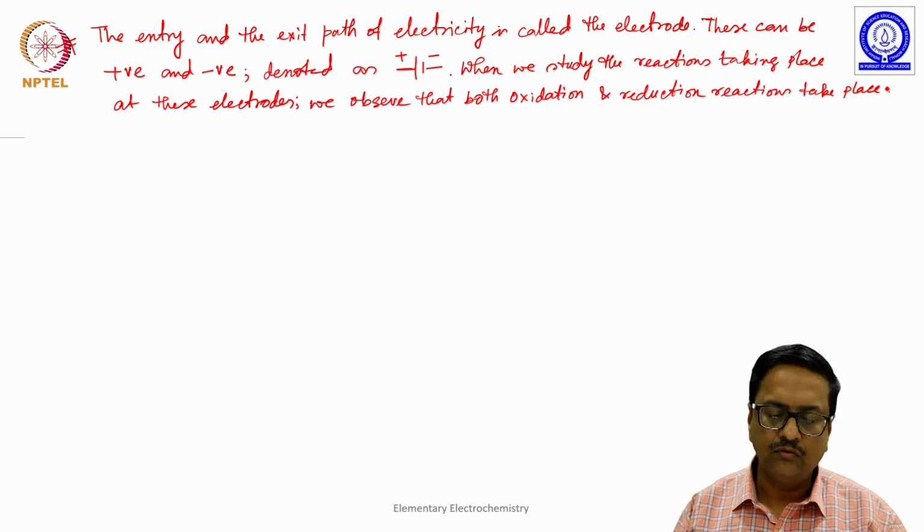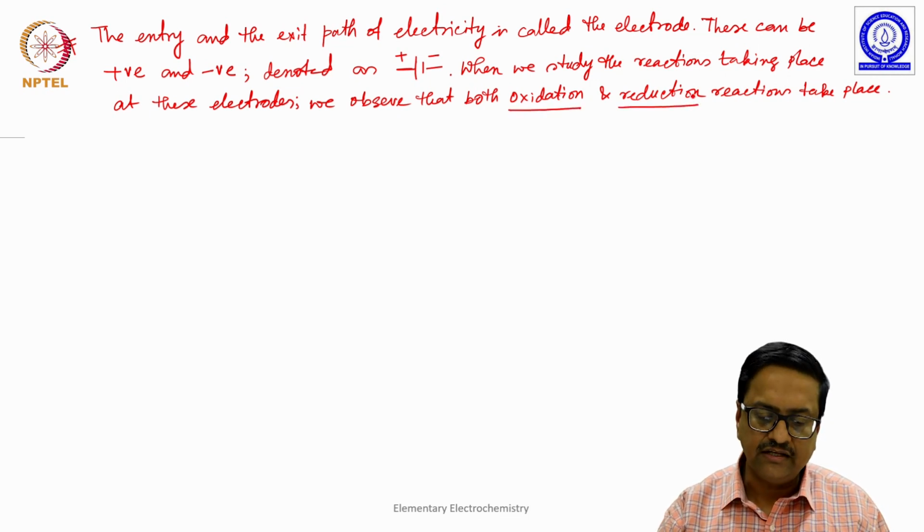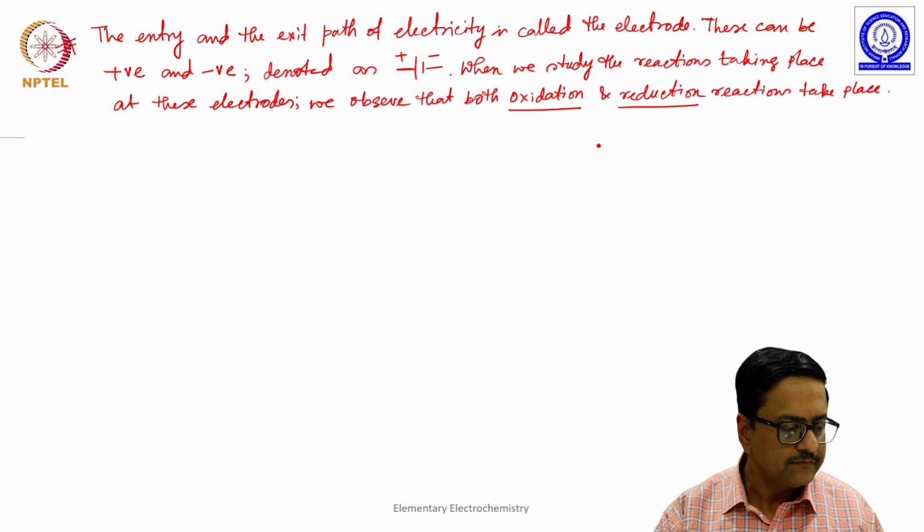So, when you see that there are oxidation and reduction happening, based on the nature of the reaction happening at those electrodes, we call them anode and cathode.